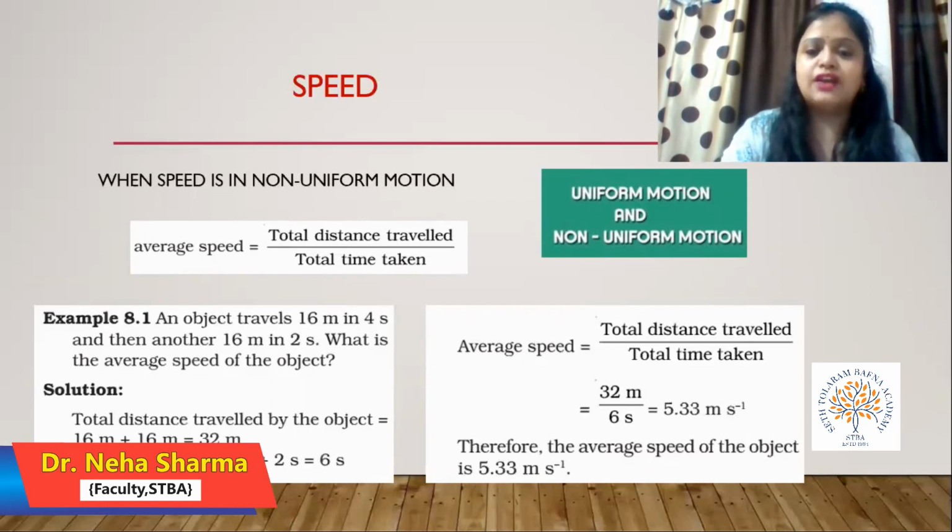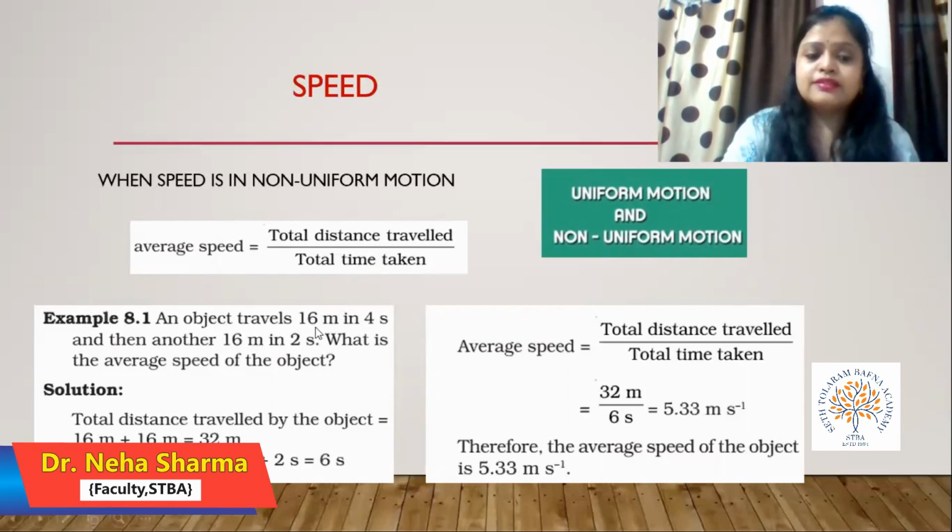So what is the average speed? Average speed is total distance traveled divided by total time taken. So how do we calculate the total distance? We add these two distances: 16 meter plus 16 meter is 32 meter.